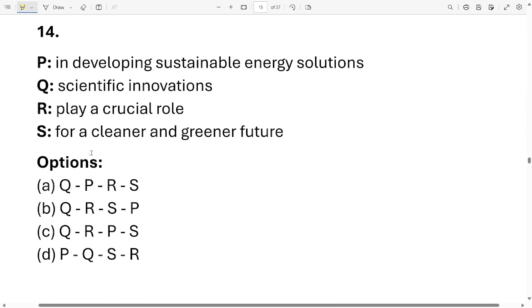Next one. In developing sustainable energy solutions, scientific innovation plays a crucial role for a cleaner and greener future. These are the four sentences, rearrange them.